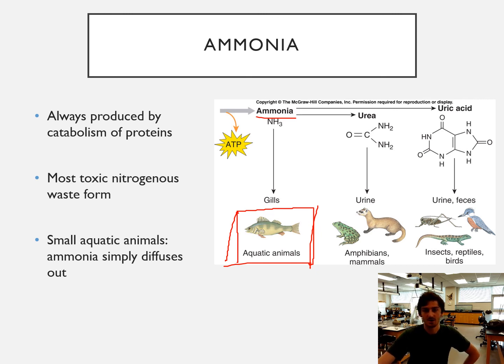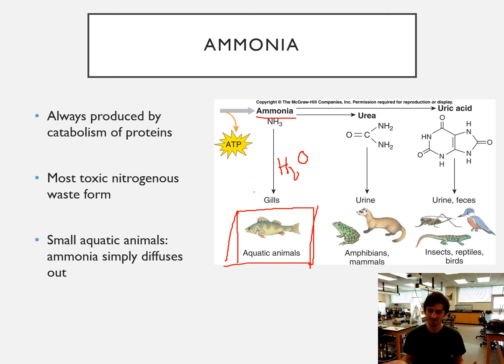Another thing about ammonia is that you lose a lot of water when you're just diffusing it out into the environment. So you also have H2O being lost as well. There are no true or really complex excretory structures holding back that water.